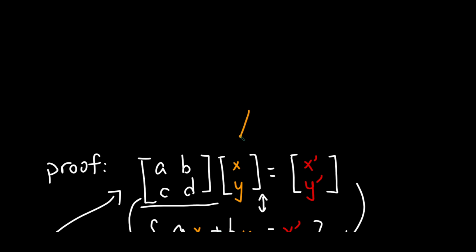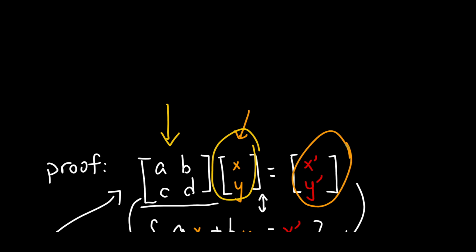So what we're doing is we're taking a point and multiplying it by our matrix, and we get another point. So we can view this matrix as some sort of transformation or a function that takes a point, x comma y, and outputs a new point, x prime, y prime.